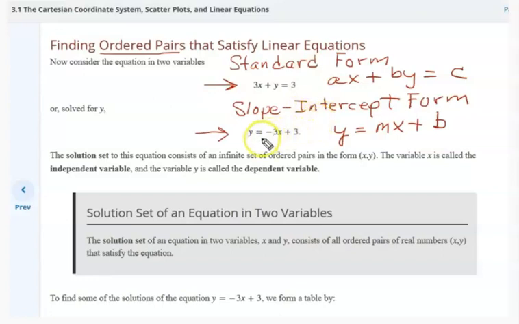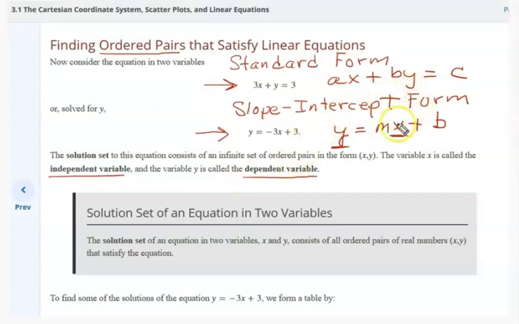Now, when it is in slope-intercept form, this one, we say the x value, and you have to write this down as well, is your independent variable, and the y is your dependent variable.